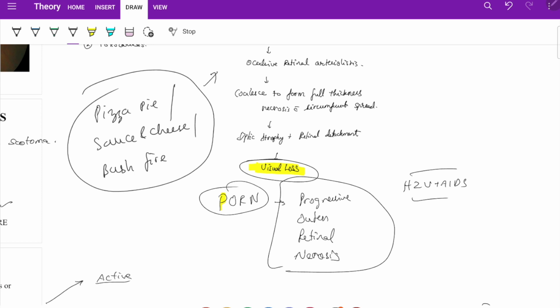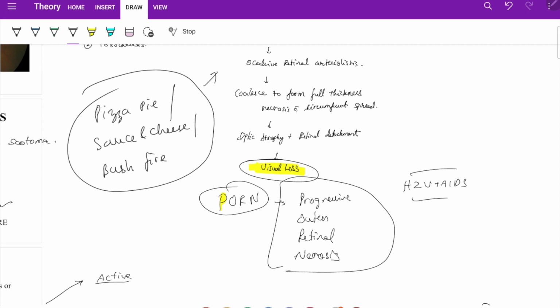Which antiviral therapy do we usually give? Ganciclovir should not be given, because it results in systemic and ocular morbidity. So what we will be giving is valganciclovir. Valganciclovir is 900 mg BD for 3 weeks as a loading dose and 900 mg OD till recovery you will be giving, until the CD4 count reaches 100 to 150 cells per ml.